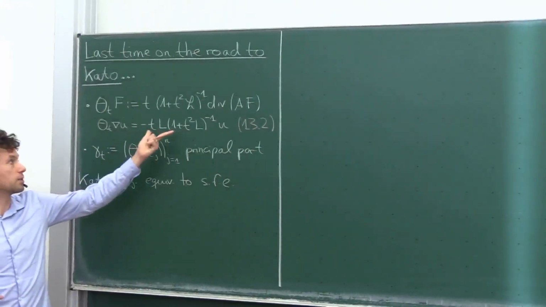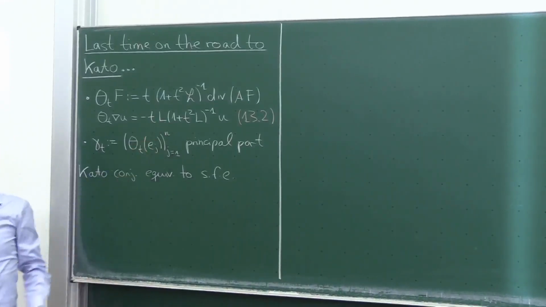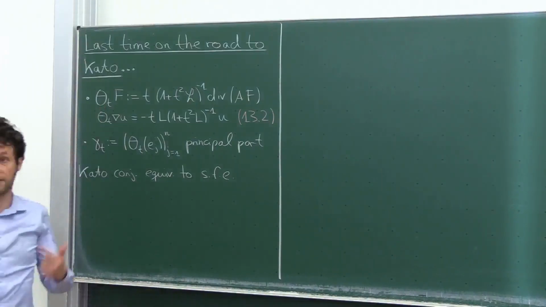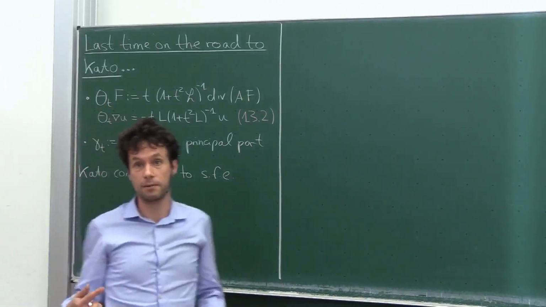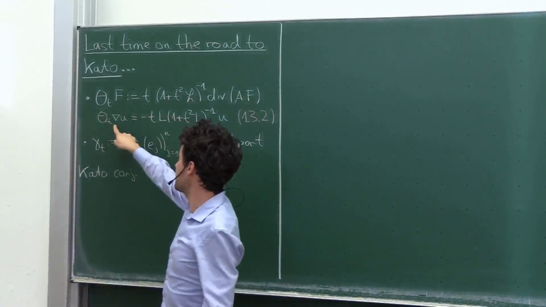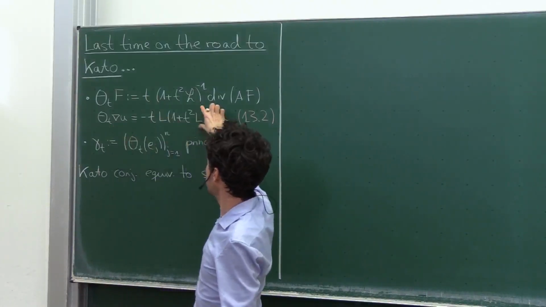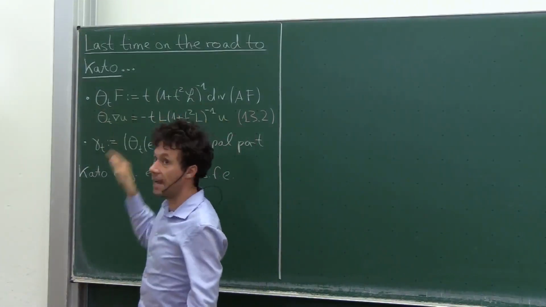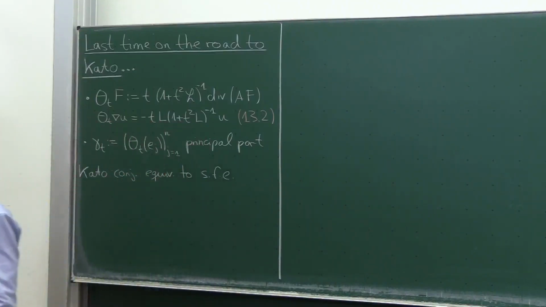You wanted to build a square function of this guy, and you wanted to control it by the gradient of u. The reason I introduced theta of t acting on vector fields last time was that through the use of theta and this identity, the square function in the Kato conjecture becomes an operator acting on the gradient of u. So it's all phrased in the variable gradient of u.